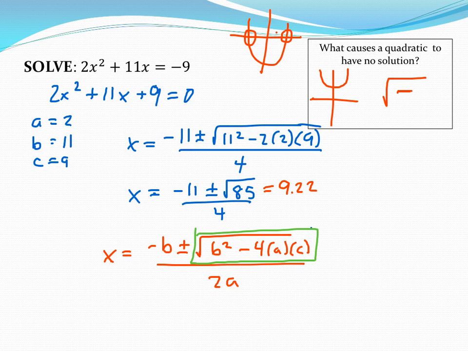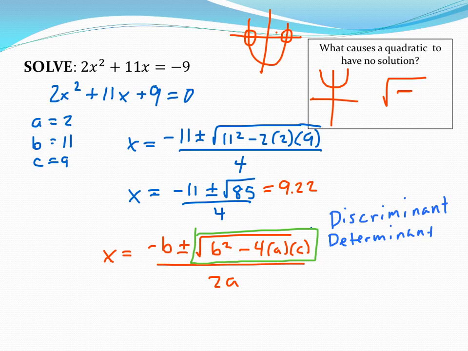And let me write that down for you. Make sure you write this down. Discriminant. Sometimes also called the determinant. What does this thing mean? Well, this discriminant tells you about your solutions.